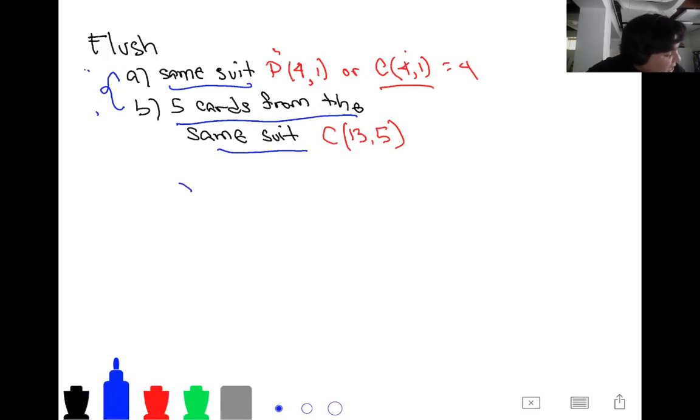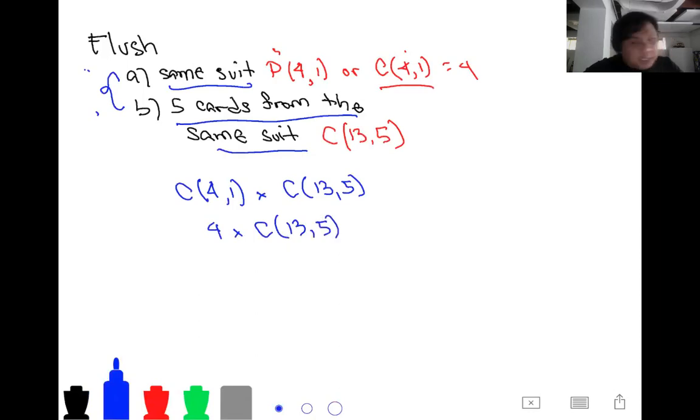That would be C, 4 choose 1, which is 4, times C, 13 choose 5. If you'd like an actual number, you may calculate 4 times C, 13 taken 5. That would be the number of ways you can draw a flush.